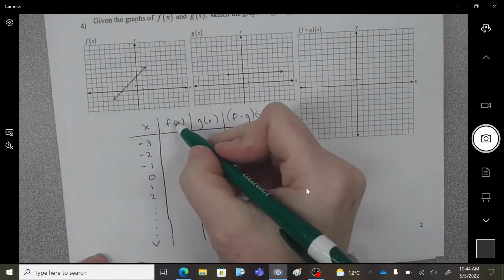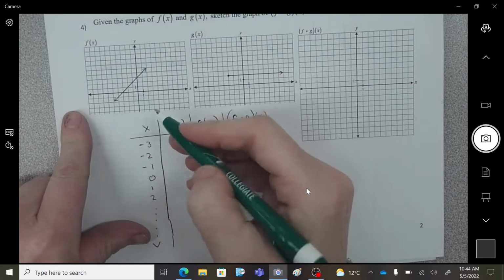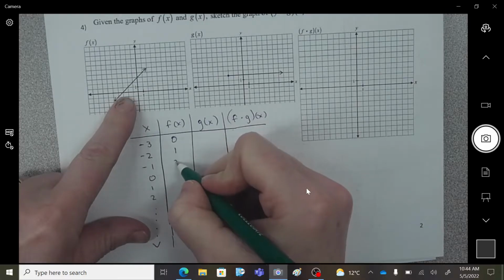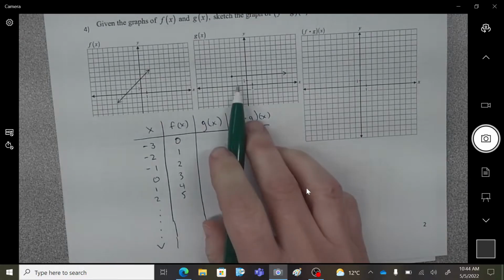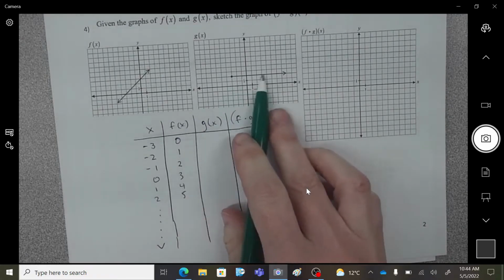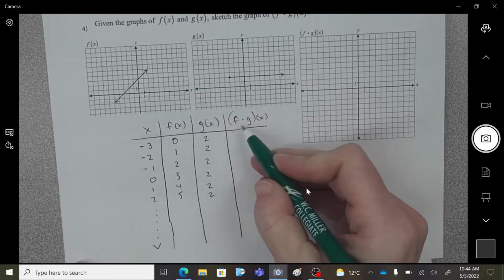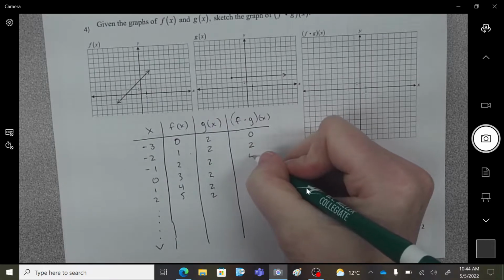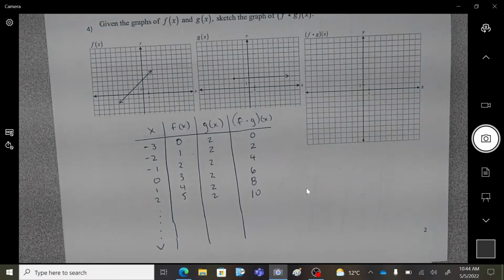Okay, so let's pick some points from the f function here. So at negative 3, it's at 0, and then 1, 2, 3, 4, 5. The g function is at 2, everywhere. So when we multiply, so 0 times 2, 0, 2, 4, 6, 8, and 10. So this pattern will keep going.